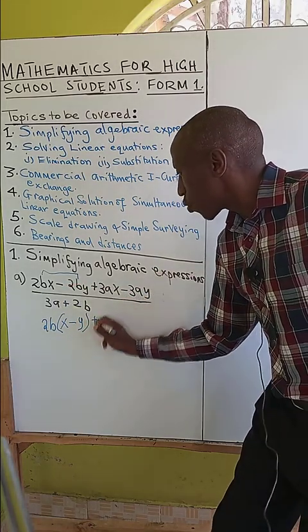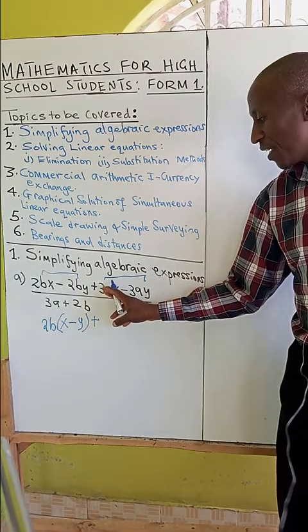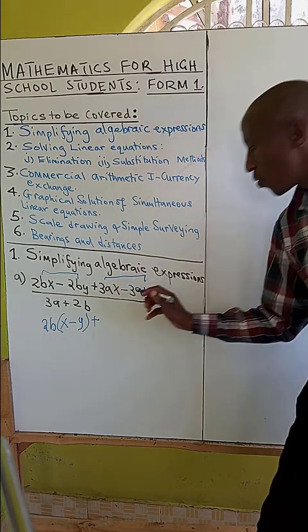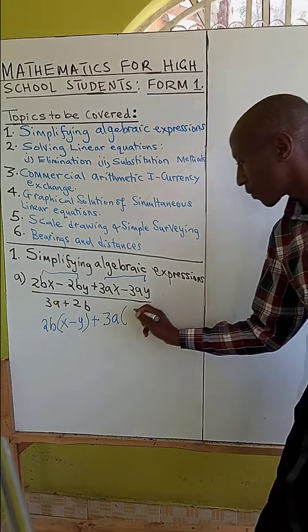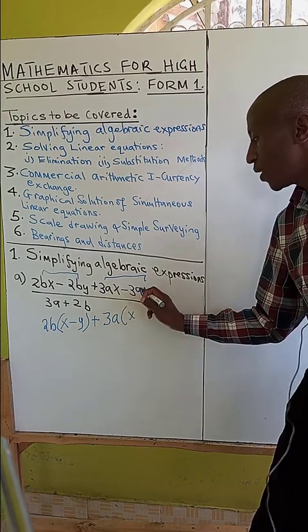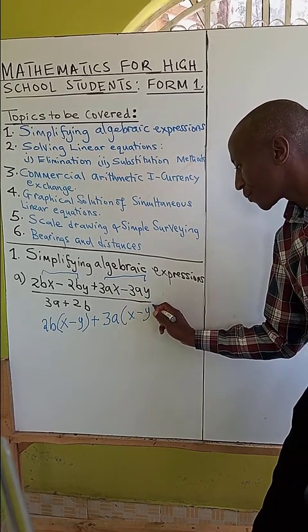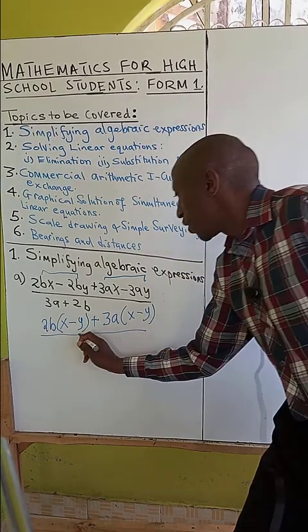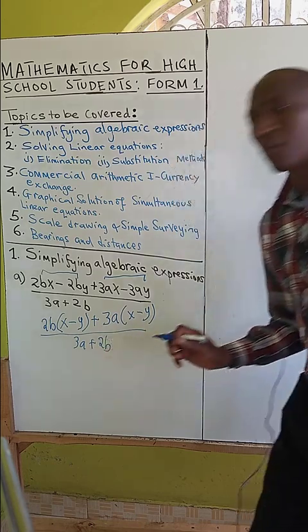In the second group, in 3ax and 3ay, 3a is common. So we factor it out as 3a, and then we are left with x for this one. In this one, after removing 3a, we are left with y. And so we maintain the division by 3a plus 2b.